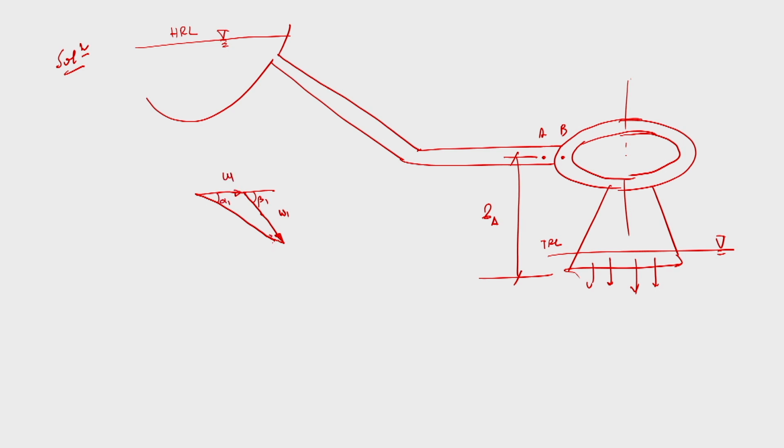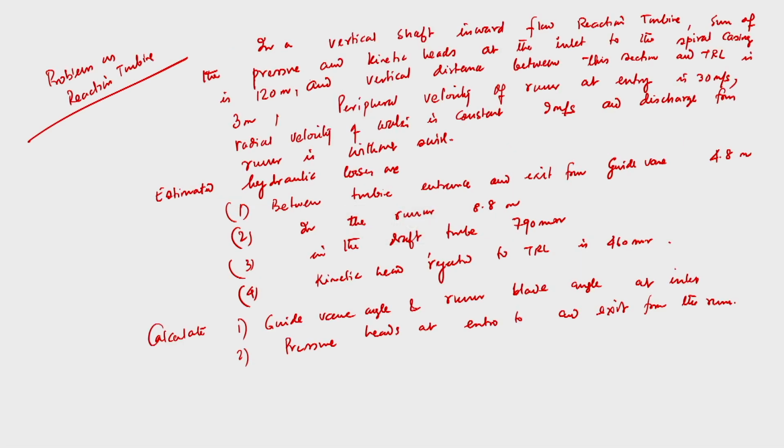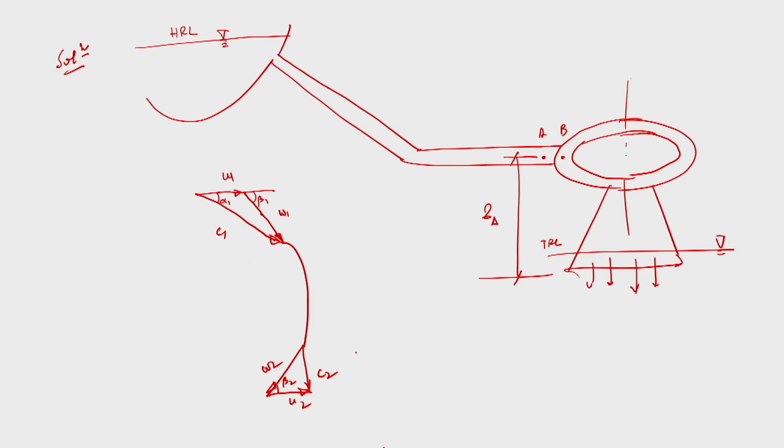Then the outlet velocity triangle: this is C2, this is beta 2, this is W2, and this is U2. It is given that there is no swirl. If I go back to my previous slide, it is given that it is discharged from the runner without swirl, so the angle is 90 degree.